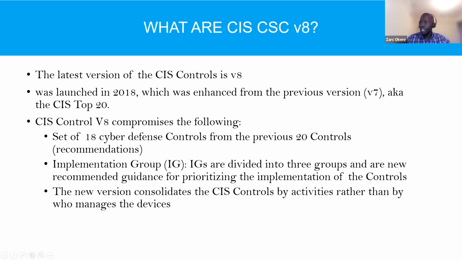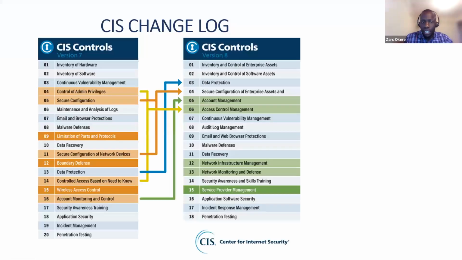So here is the changelog. You can see version 7 on the left had 20 controls. Version 8 has 18 controls. We're going to see the controls in detail in the next slide. You can see some of the things have been moved.